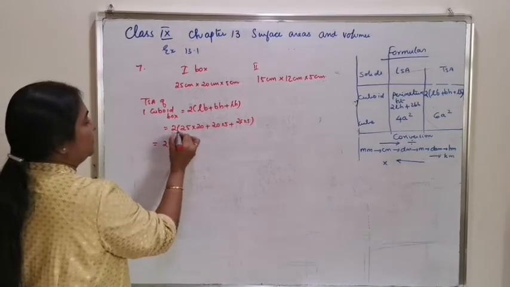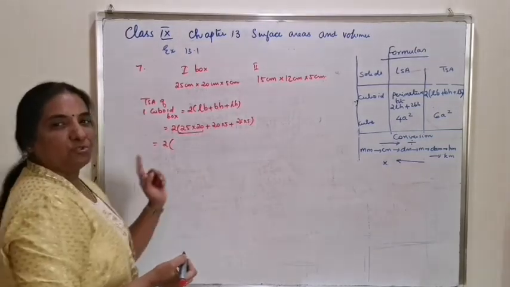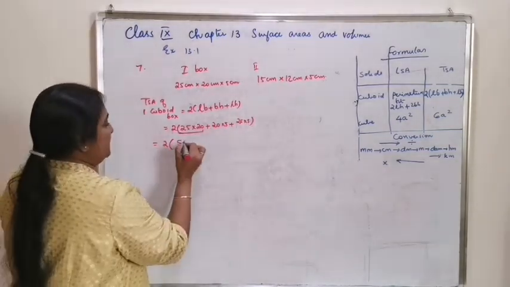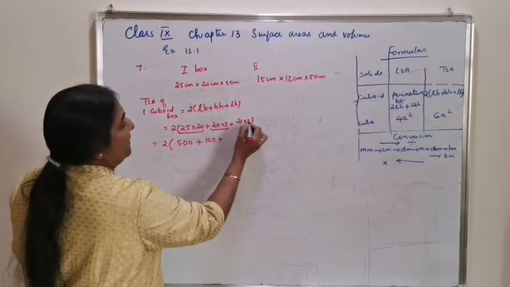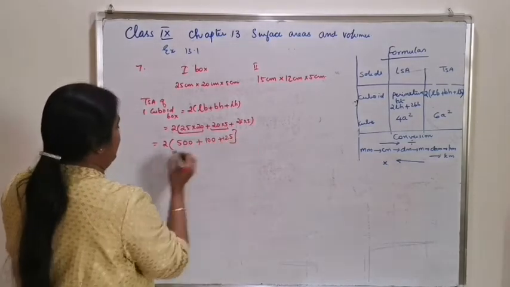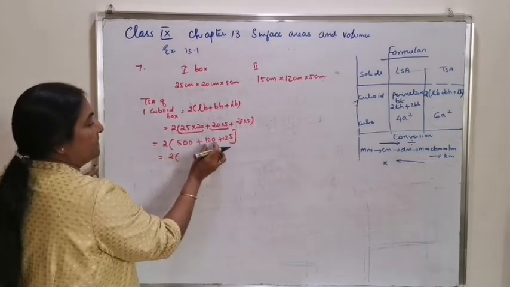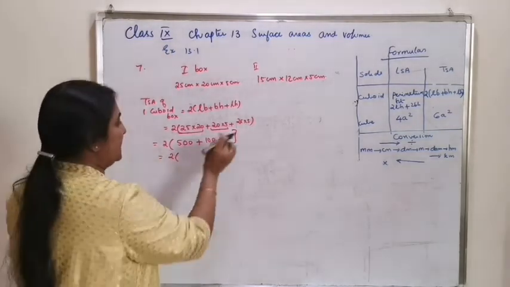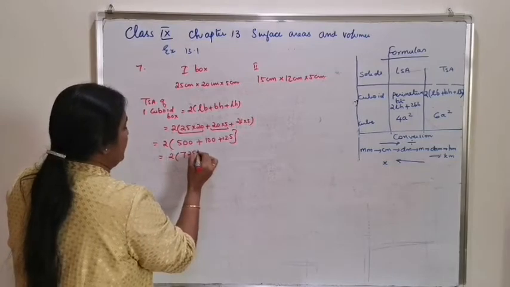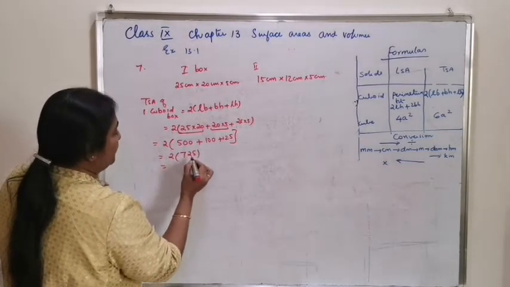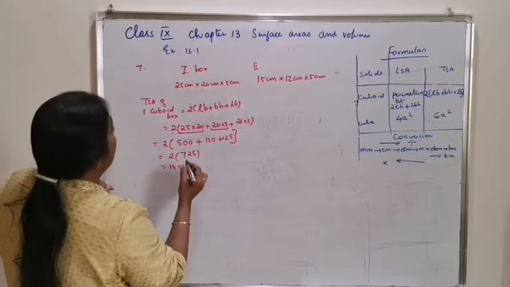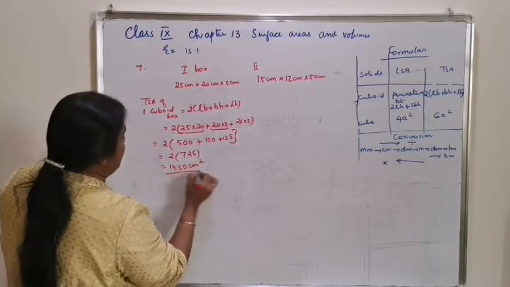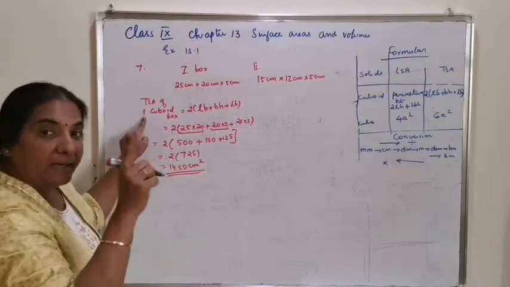That is 2 into (500 plus 100 plus 125), which is 2 into 725, so 1450 centimeter square is the surface area of one cuboid box.